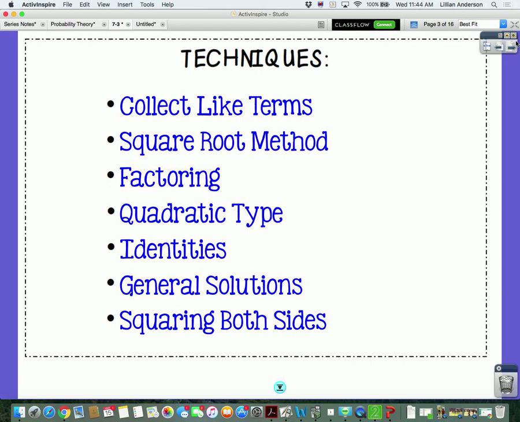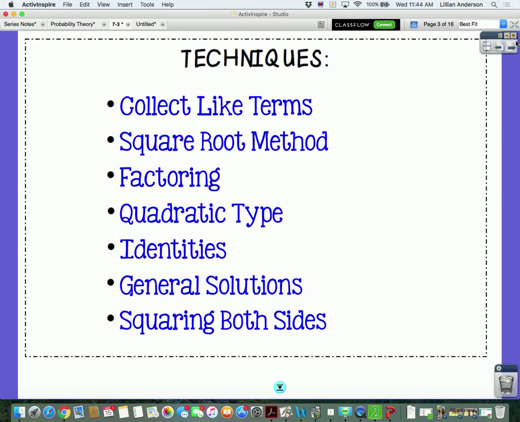I have a question: if you have something like where does sine equal 0, how do you know which one it is? Okay, that's a good question. For ones that have multiple answers, you're just going to provide all of them that fit in the particular restriction that we have.